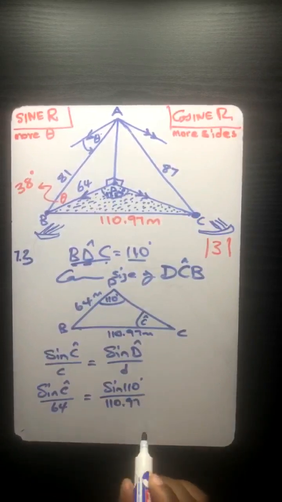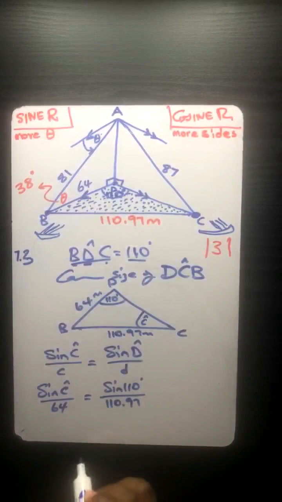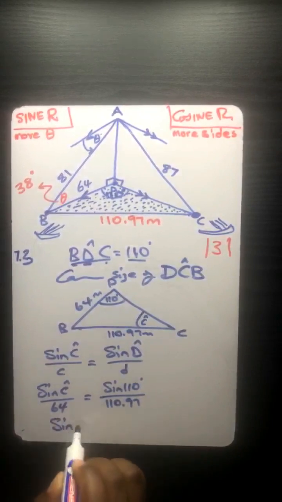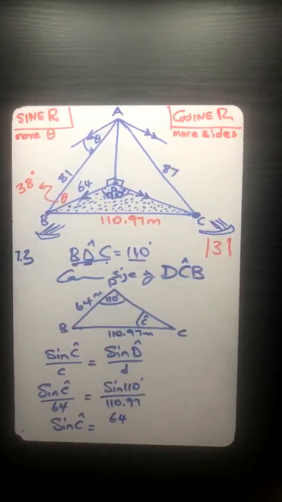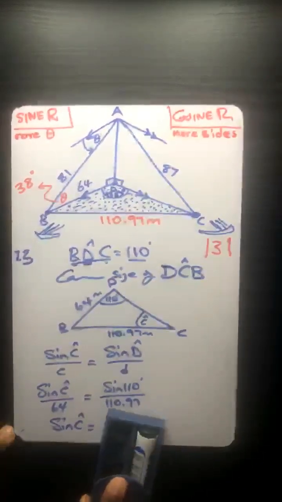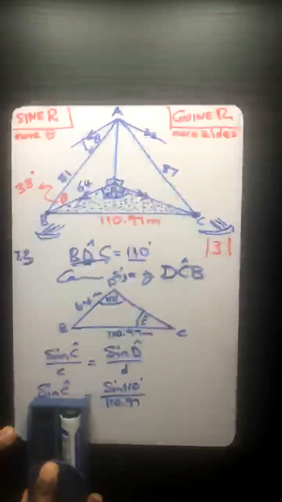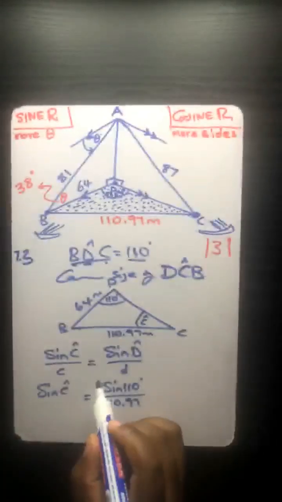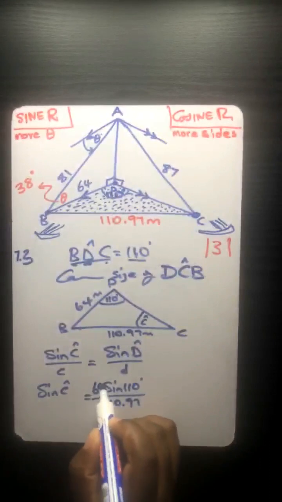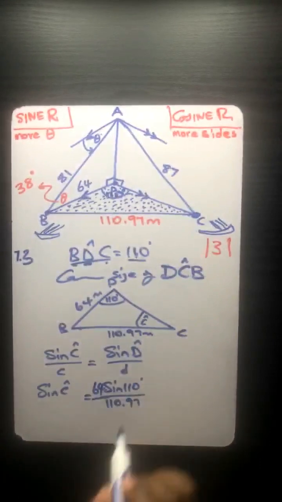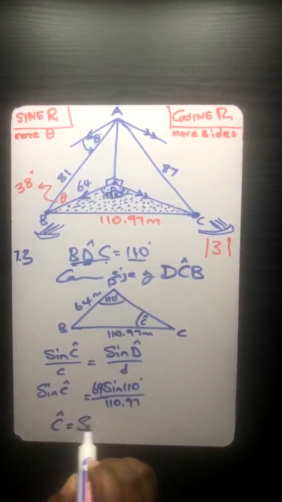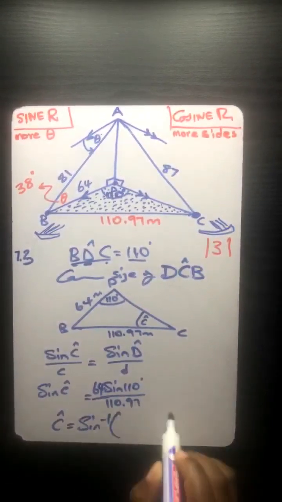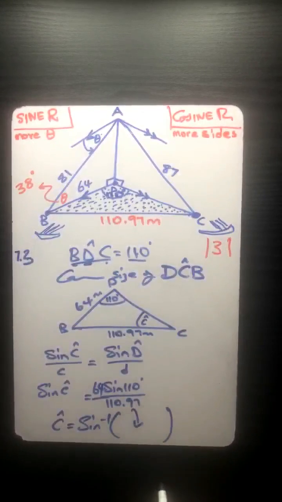So can you see? It's easy because you just cross multiply. So that means sine of that angle, you cross multiply, then it's actually 64, and then the same thing. Because you just cross multiply, the rest remains the same. So that means your angle C is going to be second function of the whole of that.